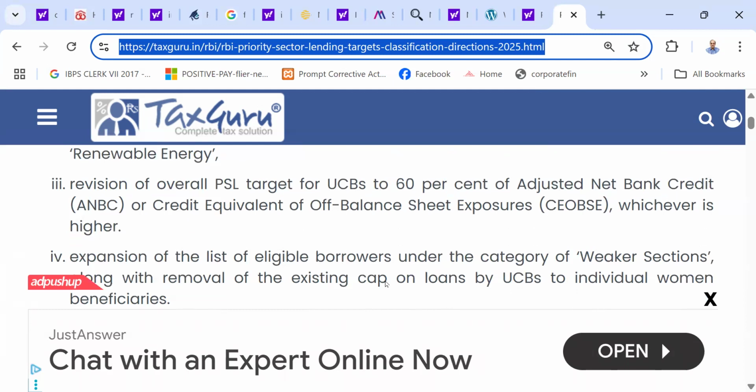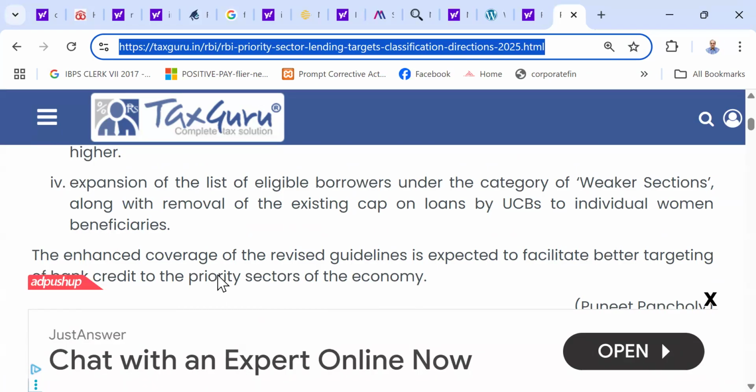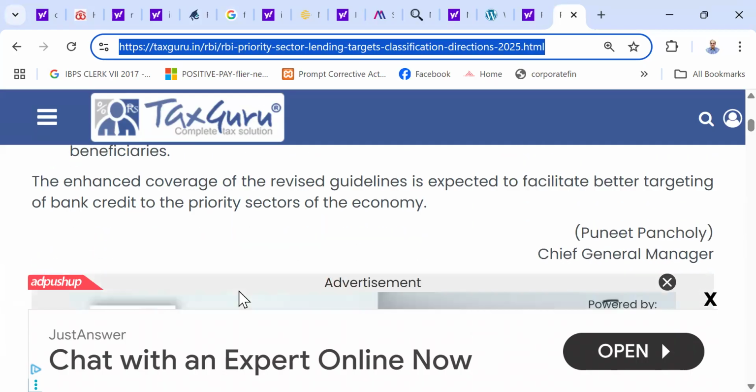Of course, this is general information we can know. Expansion of the list of eligible borrowers under the category of weaker sections, along with the removal of the existing cap on loans by UCBs to individual women beneficiaries. The enhanced coverage of revised guidelines is expected to facilitate better targeting. First, they may not ask all this.